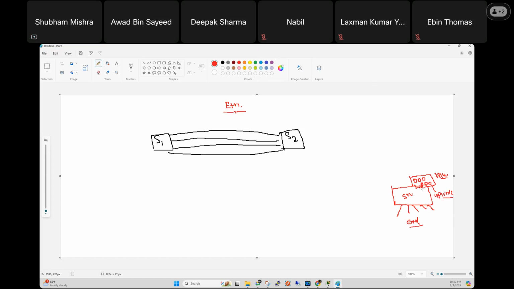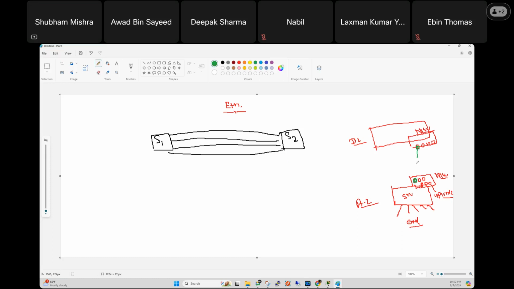So this is the access layer, and after that, I told you there is the distribution layer. In the distribution layer switch, again there will be a network module, and in this network module, again there will be multiple uplinks. In the real environment, what is connected through this port?